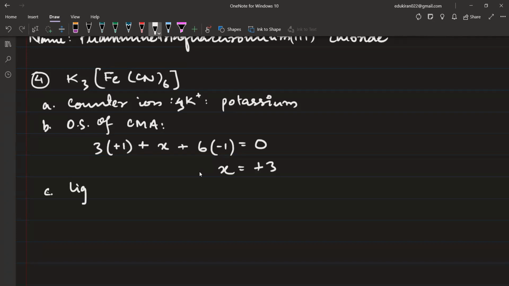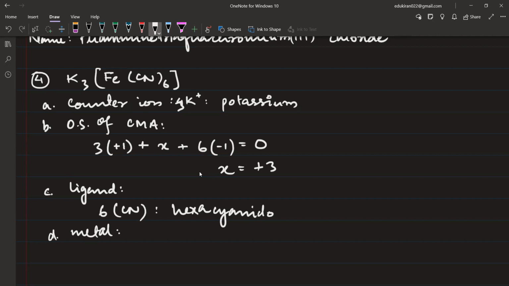The ligand is 6 CN, so you can write hexacyano or hexacyanido. Hexacyanido. Anything else? The metal.